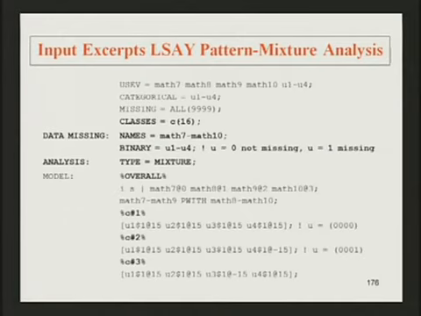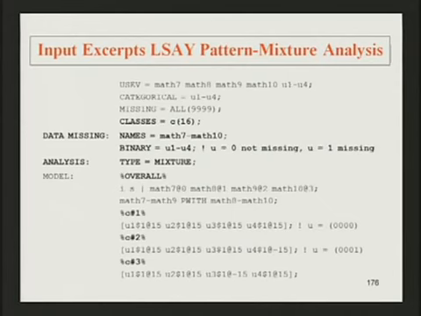When the threshold is plus 15, probability is 0 that u is equal to 1, and u equals 1 is missing. So the probability is 0 that u is missing. So it's not missing. Plus 15 not missing, minus 15 missing. That's all it means.